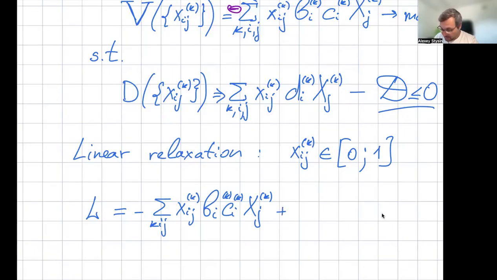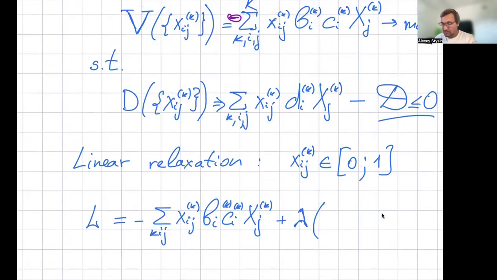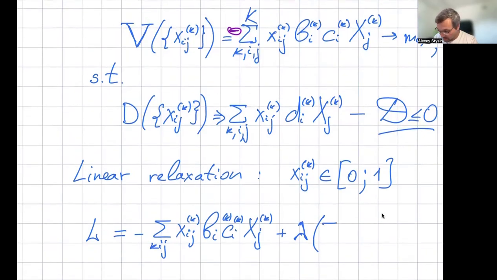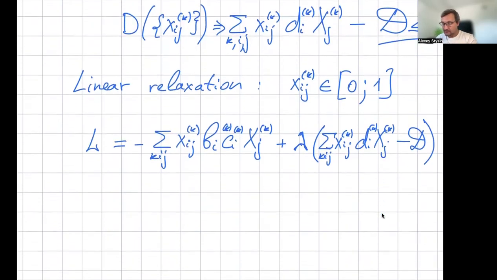And we want to put the Lagrange multiplier lambda. And then we want to multiply this by the constraint expression. So this is the sum over k, i, j, x_ij d_i x_j, all of them with the index k, minus d. Okay, so here we have the Lagrangian of this problem.